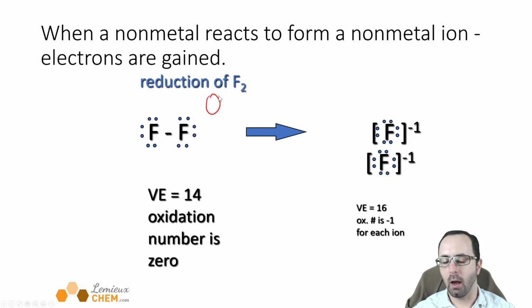To make an ion, each fluorine gains 1 electron, and it makes a fluoride ion. So the oxidation number, or the charge now, is -1. And so the charge has gone down. I think of that as reduction whenever the charge goes down. Or think of gaining electrons. Each fluorine gained an electron to get a negative charge. Gaining electrons is reduction.